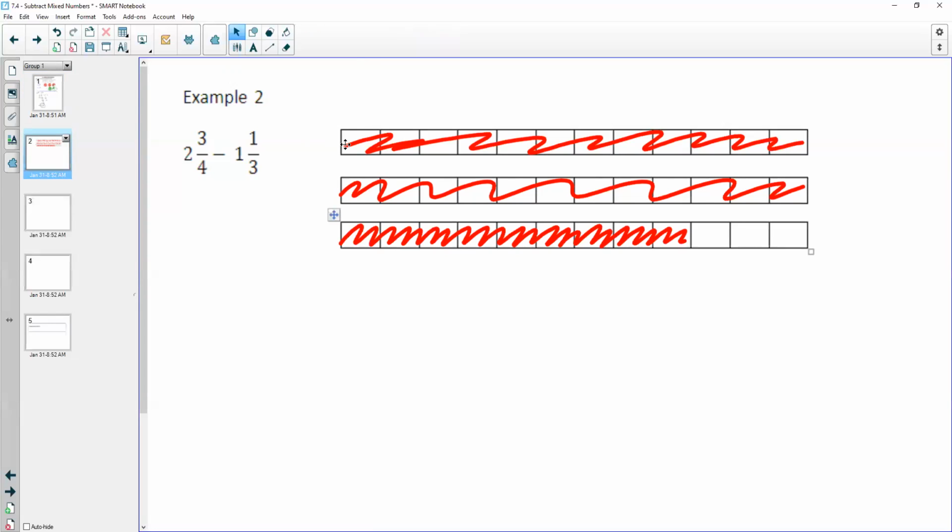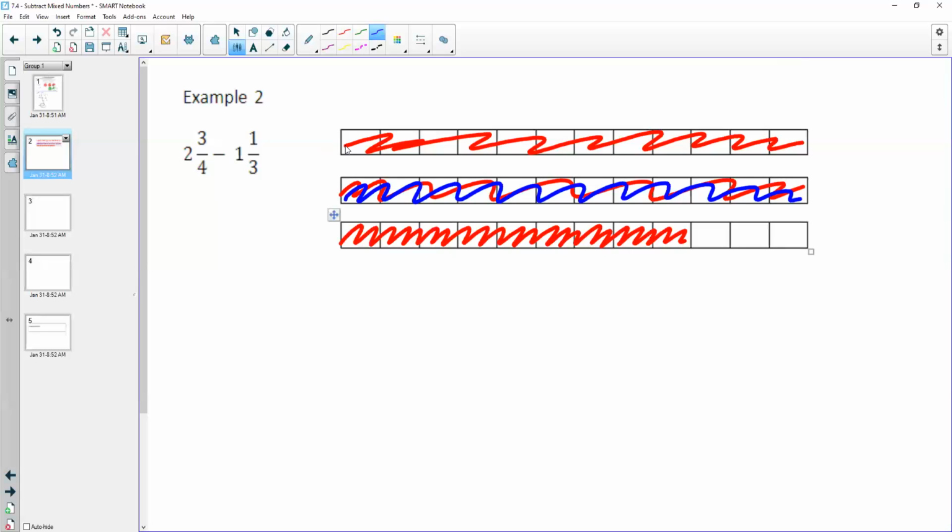Now if we're subtracting 1 whole, we're going to subtract this. And then we're also going to subtract 1/3. Now for that we need to get a common denominator of 12. So I'll multiply the numerator and the denominator by 4. So then that will be 4 out of 12. 1 out of 3 is an equivalent fraction to 4 over 12.